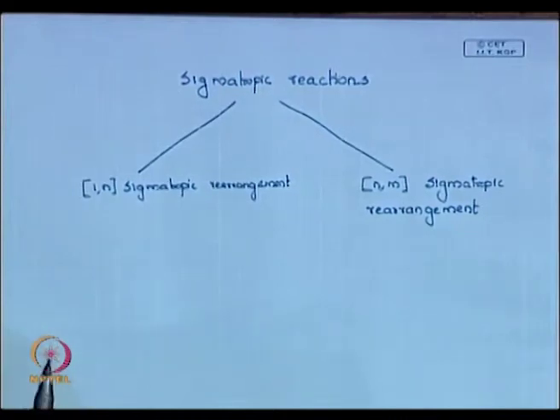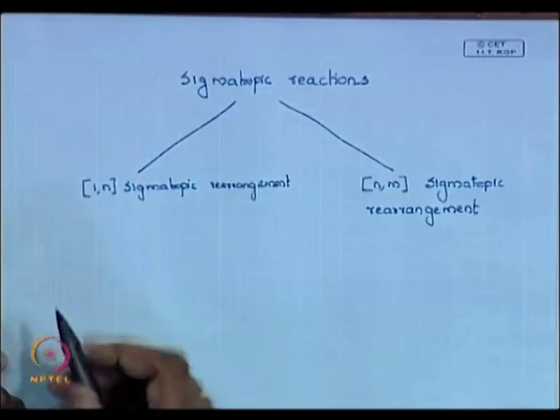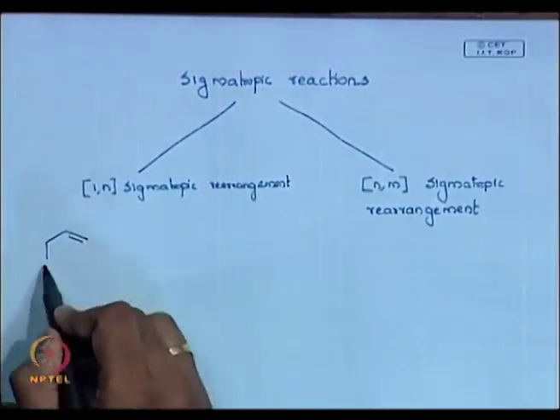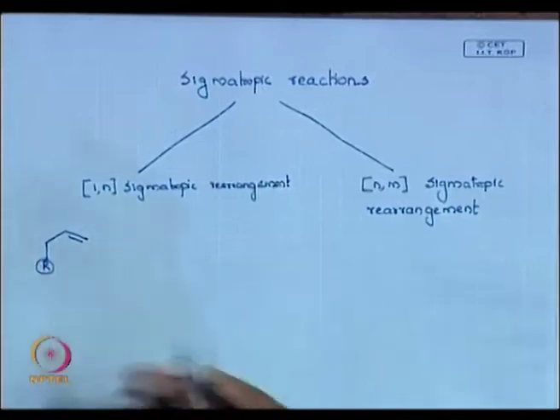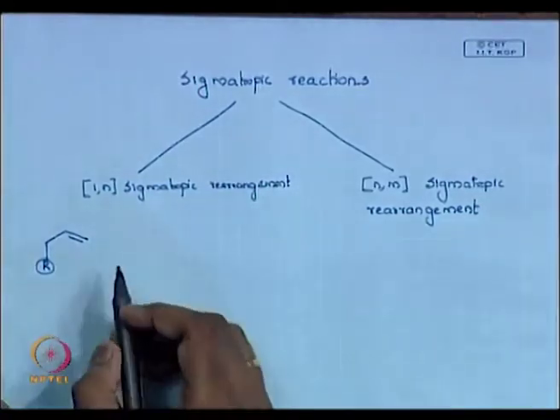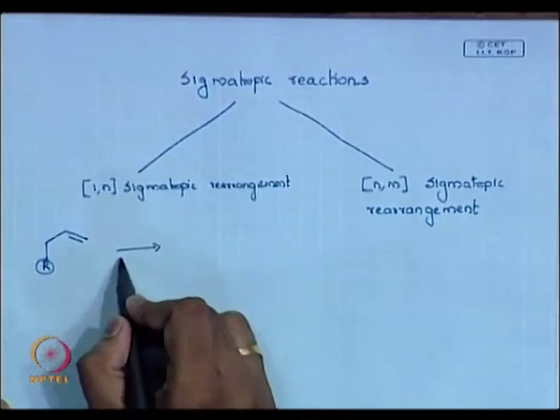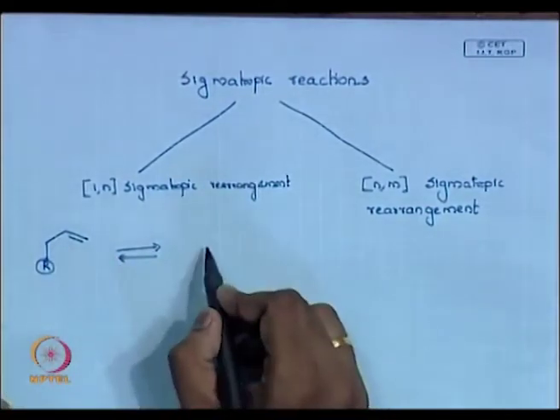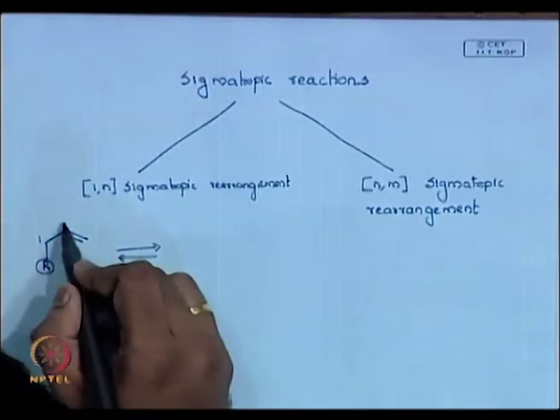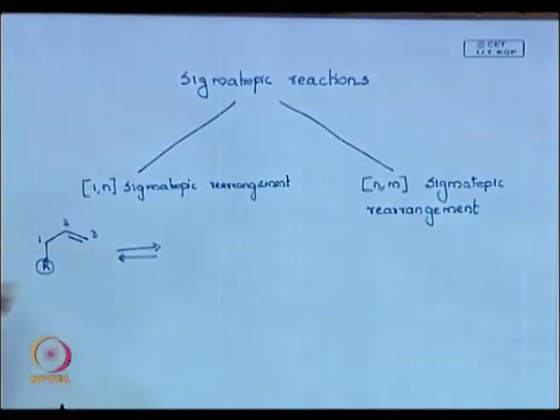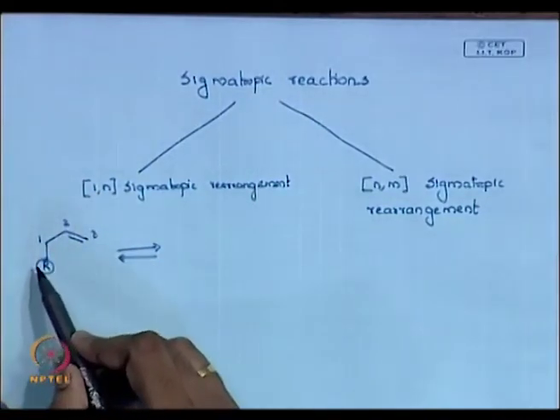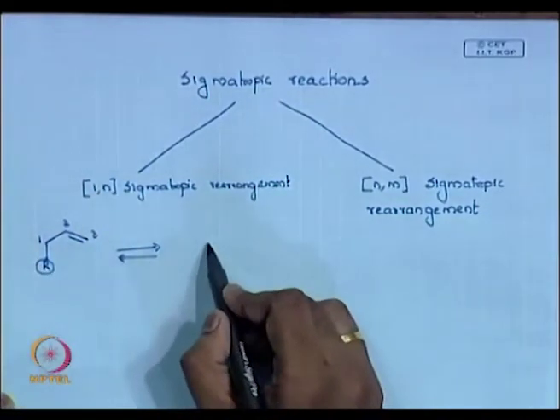So, what is basically 1,n we are talking about? See, if I have a reaction, say this R is a residue. Once I heat this reaction, I will number it 1, 2, 3. This 1 stands for the initial position of your R. So, what happens then?